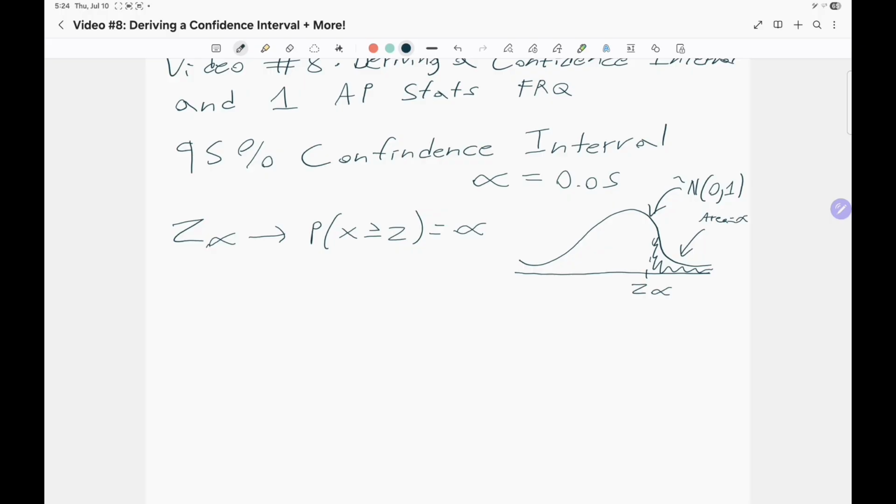Recall that standard normal distribution, as any normal distribution, is essentially a density histogram in function because the entire area has to sum up to 1.